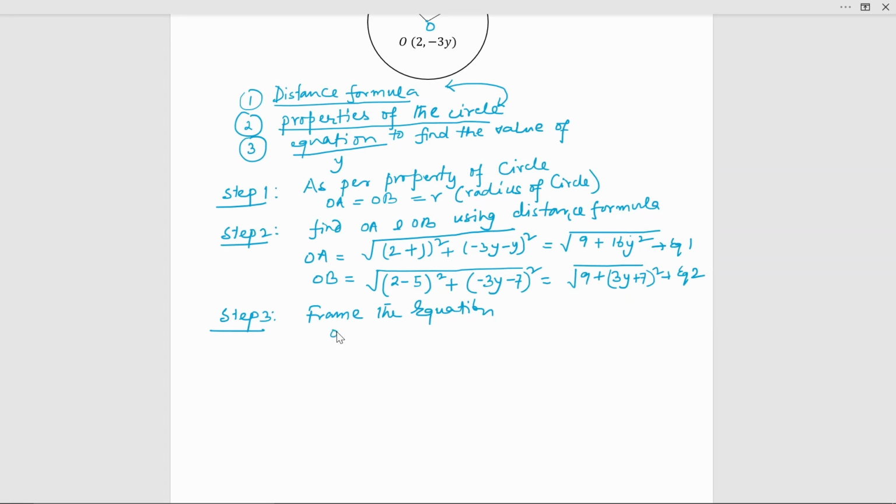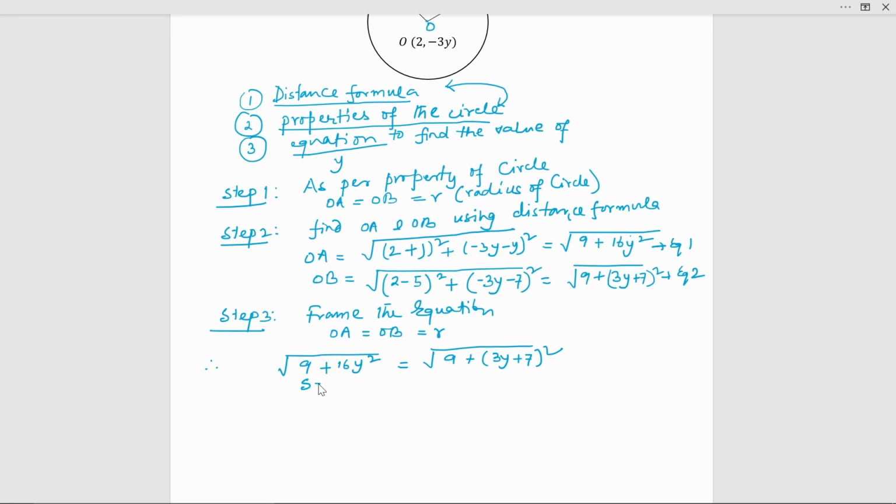We know OA equal to OB equal to R. Therefore, equation 1 is equal to equation 2, and therefore we can write root over of 9 plus 16y square equal to root over of 9 plus (3y plus 7) square.